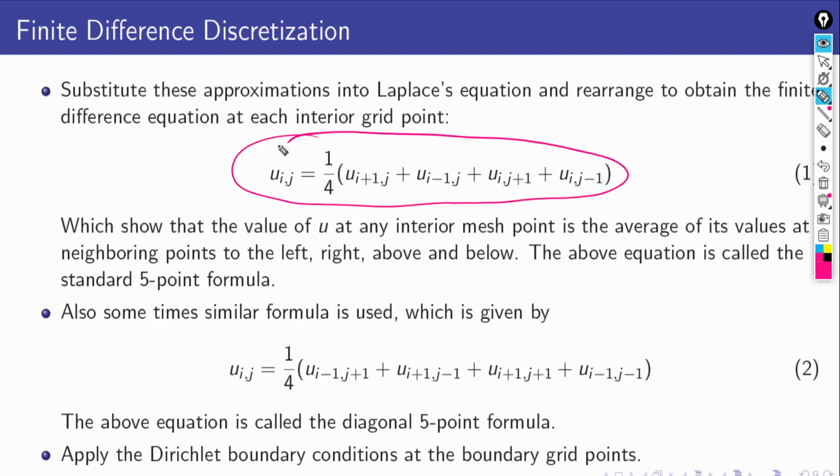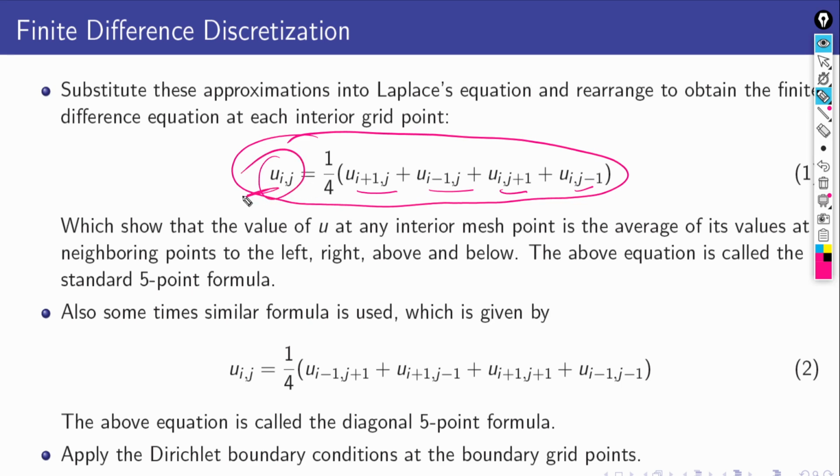This equation is used to compute the values at the interior grid points: one-fourth of u i plus 1 j plus u i minus 1 j plus u i j plus 1 plus u i j minus 1. On the right hand side, all these are the old values, and after computing all these we get the new value.